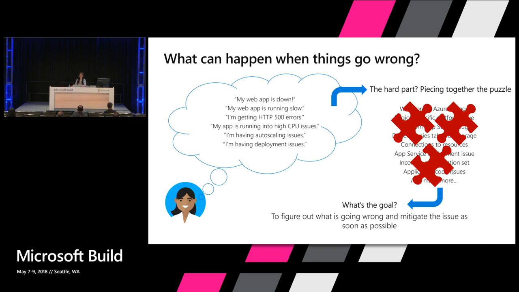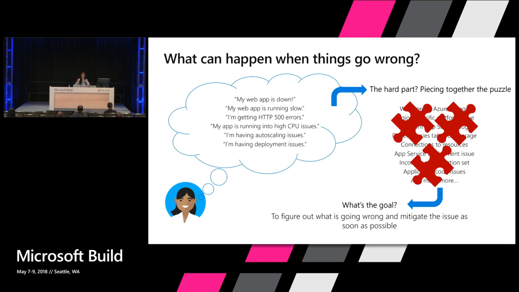It can be anywhere from Azure, maybe we're having an outage or an issue, all the way down to maybe someone on your dev team just accidentally checked something in and you didn't realize, and it's an application code issue. So those are the extremes, and there can be anything in between as well.